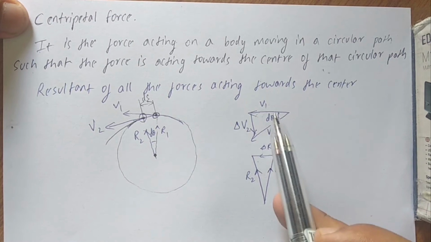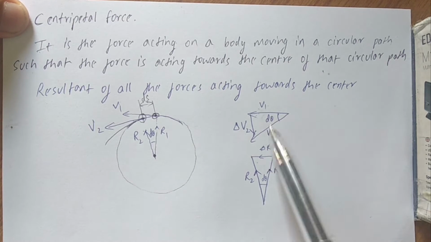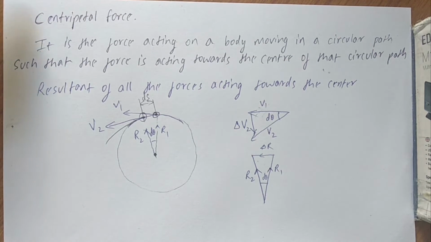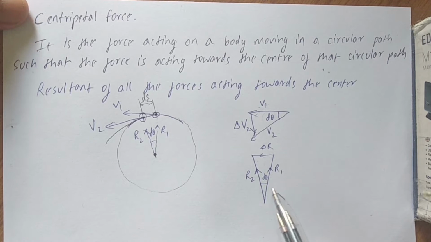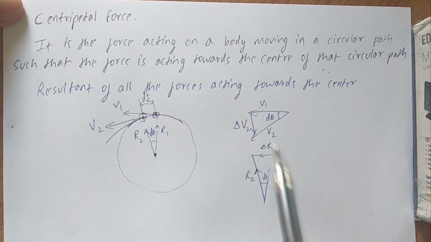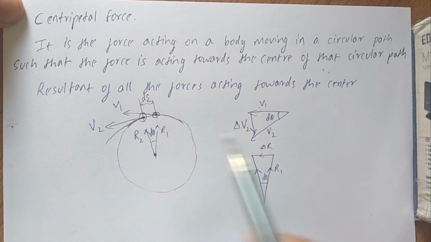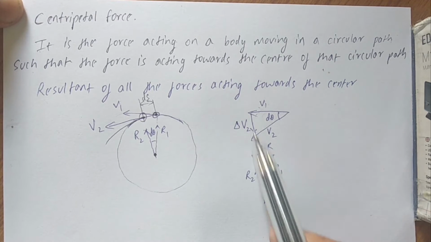Now if you see these two triangles, these two triangles are similar, because this angle theta is equal to this angle. Also this distance that is covered by both of these vectors is the same. This is equal to this.